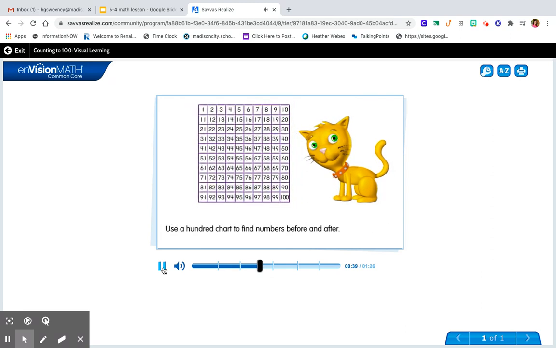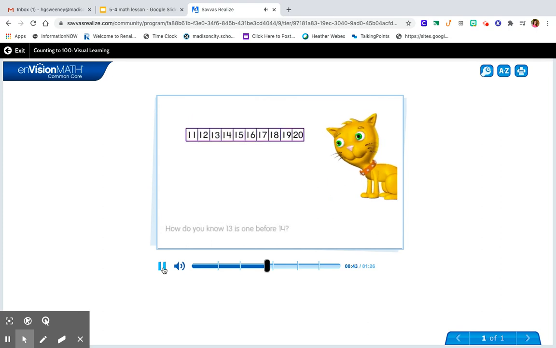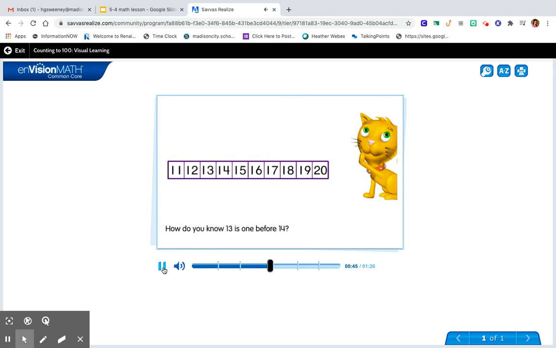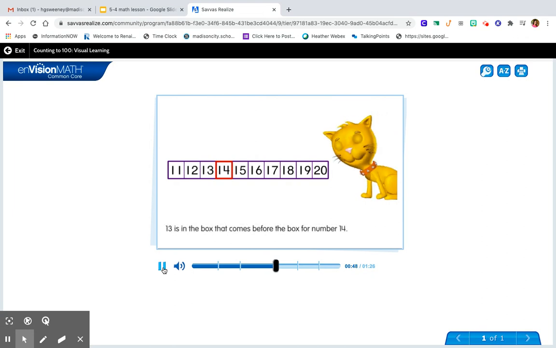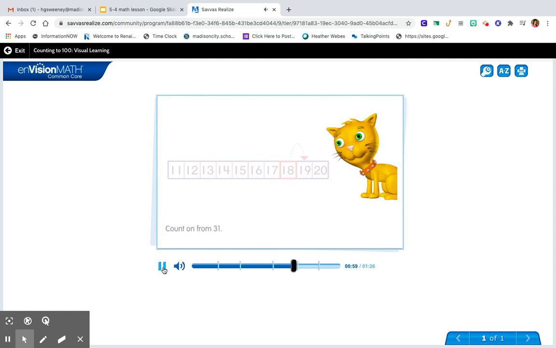Use a 100 chart to find numbers before and after. How do you know 13 is 1 before 14? 13 is in the box that comes before the box for number 14. 19 is 1 after 18. Count on from 31.